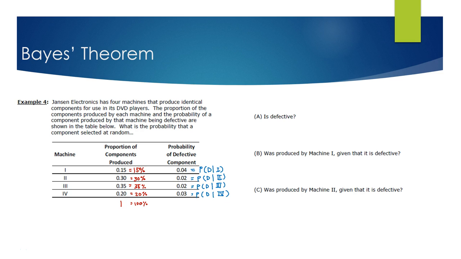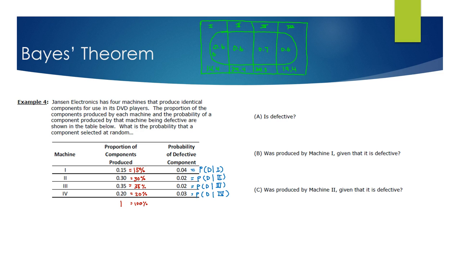When I construct my Venn diagram, I'm going to show my 4 partitions, and anything that's in that oval is in group D for the defects. If I do 4% of 15%, I get 0.6. If I do 2% of 30, I get 0.6.